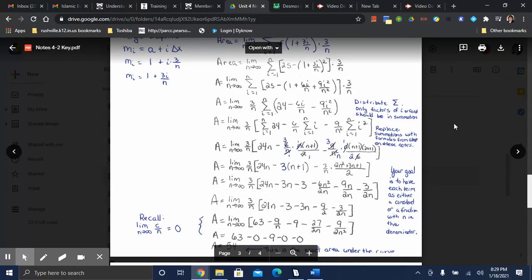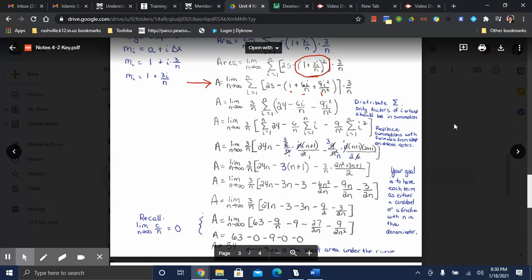So right now we are looking at this line. This will be the next line that you'll do as you multiply out 1 plus 3i over n to the second power. So taking it times itself, you would have 1 plus 6i over n plus 9i squared over n squared.